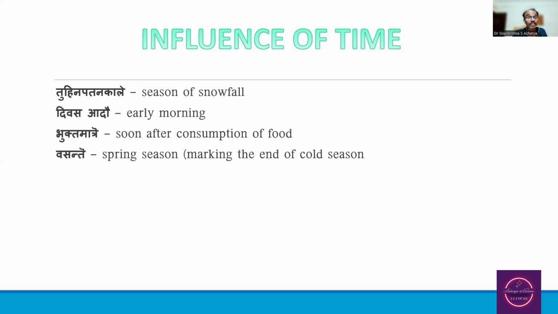Bhukta matre, soon after the consumption of food. If the person is taking the food at around 2 p.m. or so, by 2:30 or 3 or 3:30, there may be 1 to 1.5 hours, there may be a possibility of increase of kapha dosha in the body there. Vasante, during the spring season.